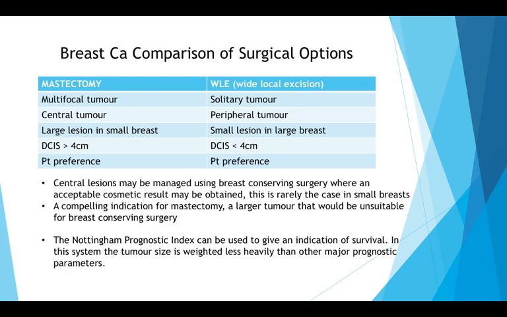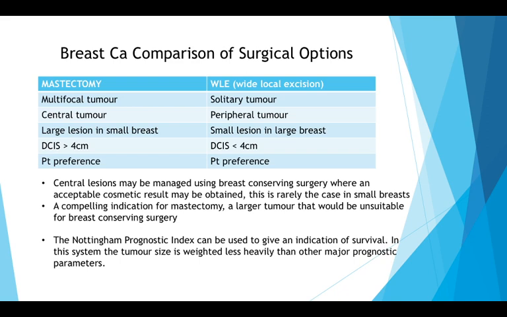Also if it's a ductal carcinoma in situ which is greater than 4 centimeters, or the patient may well prefer a mastectomy. A wide local excision is performed if it's a single tumour, it's peripherally located, it's a small lesion within a large breast, the ductal carcinoma in situ is less than 4 centimeters, and again, patient preference.